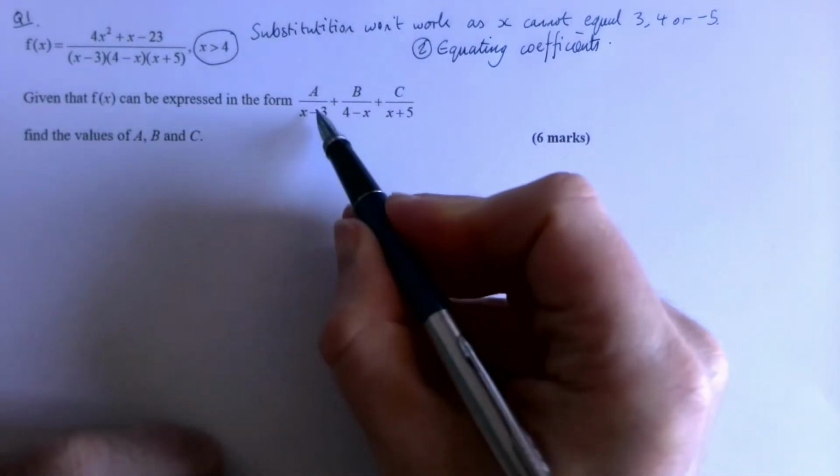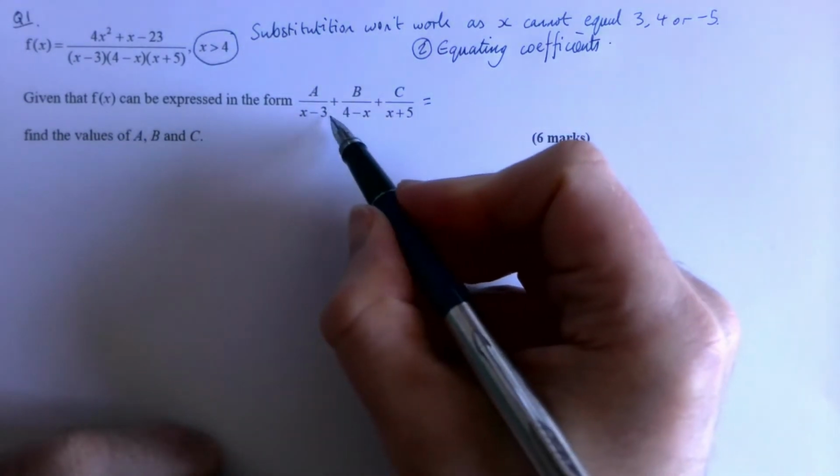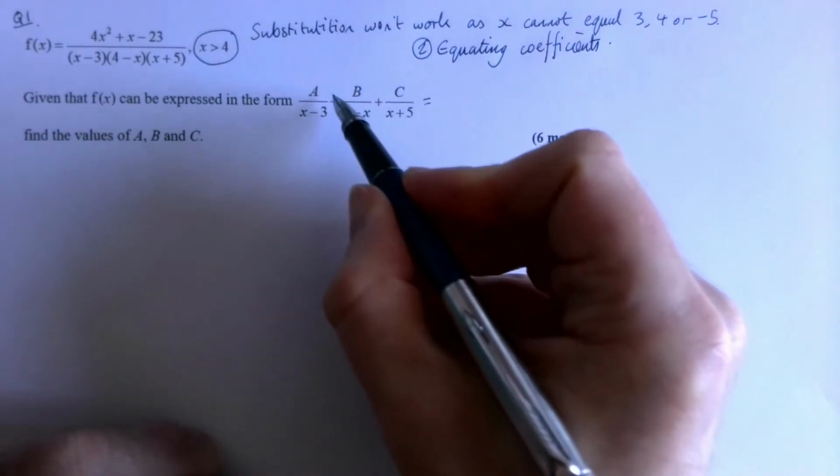Looking at this, I always start from here and say, right, if I was going to make this the denominator, we're going to have to multiply.